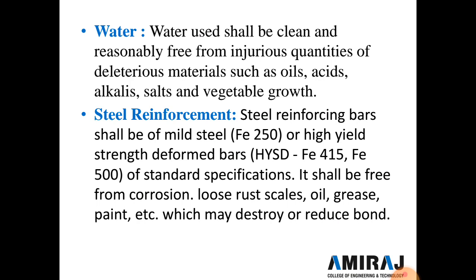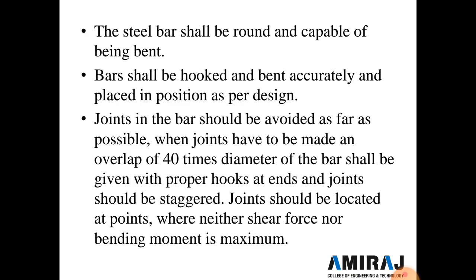The steel bar shall be round and capable of being bent without any fracture. When we bend the steel bar, it is not a brittle material, so it does not fracture at the bend, it is easily bent without fracture.